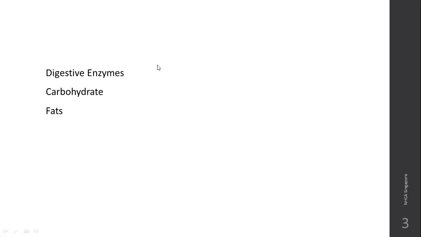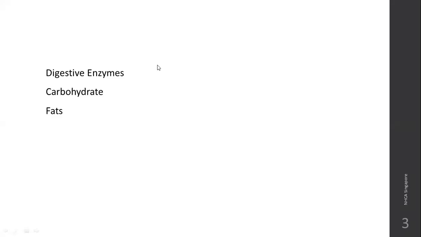Coming to fats, lingual lipase, which comes from the mouth, will not break down the fat, but it will help in emulsification of fat. Gastric and milk lipases, bile salts, and pancreatic lipases are the enzymes required for emulsification and then breakdown of fat.